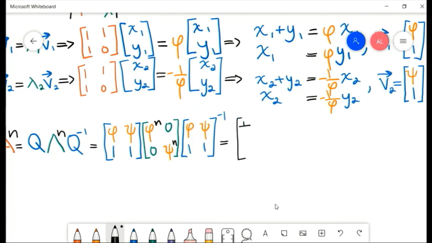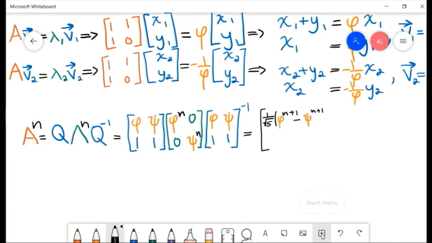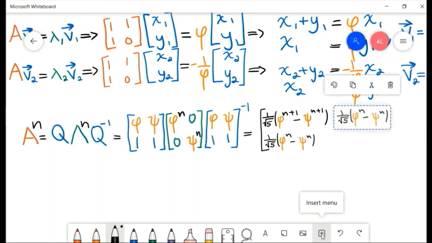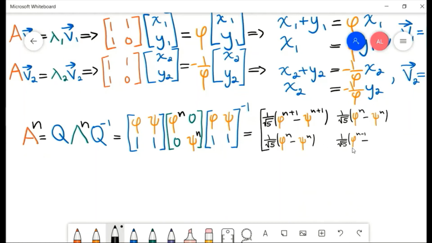And now, finding the inverse and doing matrix multiplication, we get that A to the n is equal to 1 over the square root of 5 times phi to the n plus 1 minus psi to the n plus 1. And then the second entry is 1 over the square root of 5 times phi to the n minus psi to the n. Similarly for this entry right here, and this entry right here looks also similar.